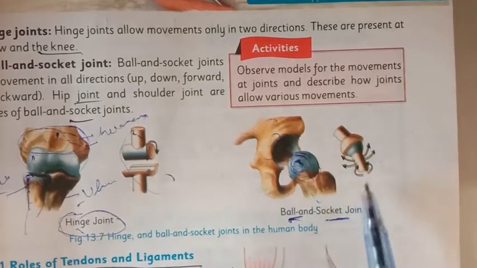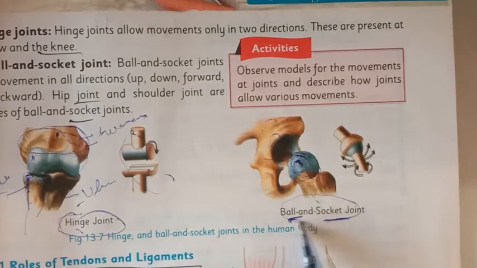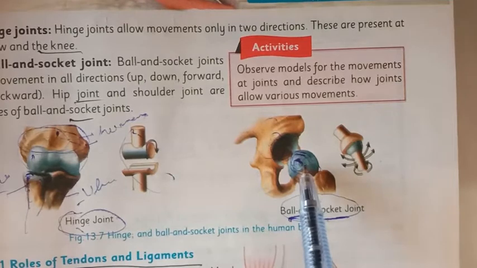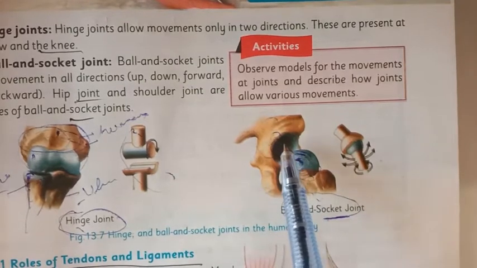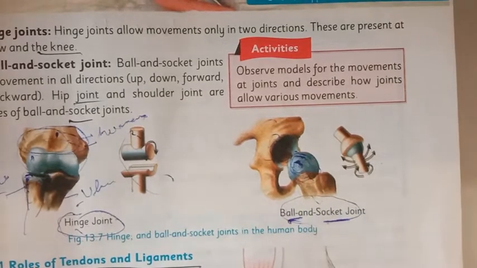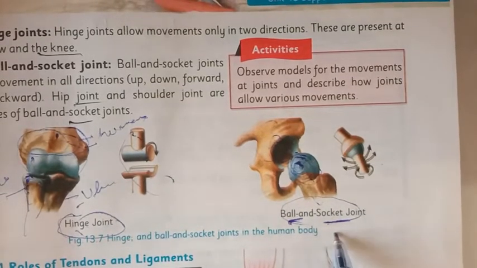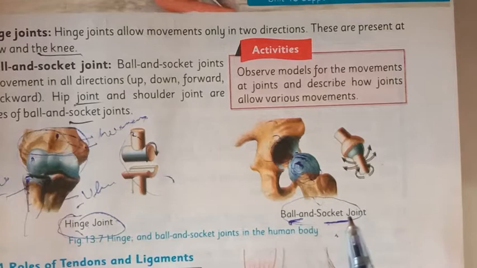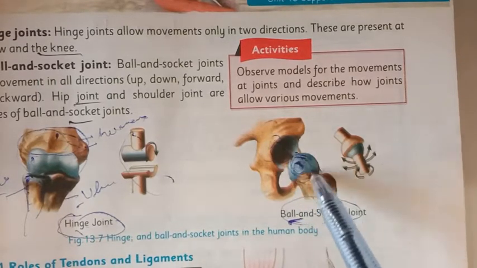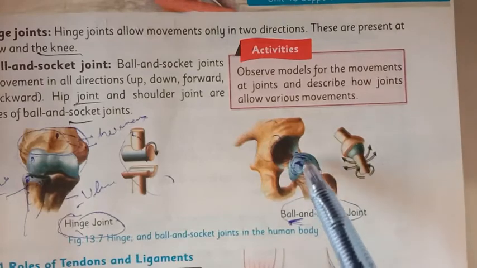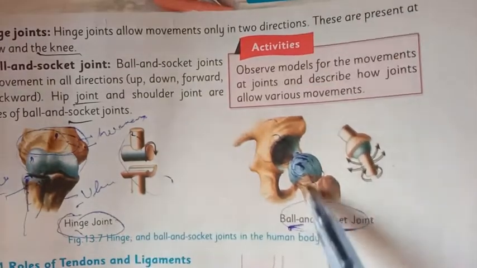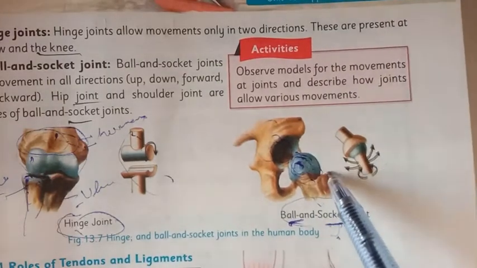This cavity is called the socket, therefore it is called a ball and socket joint. The joint between the shoulder bone and the humerus forms a ball and socket joint, and similarly the joint between the hip bone and femur also forms a ball and socket joint. So this is all about bones, cartilage, and joints.